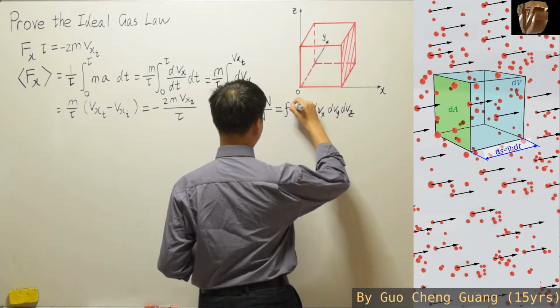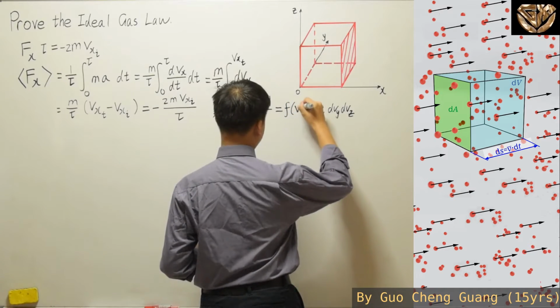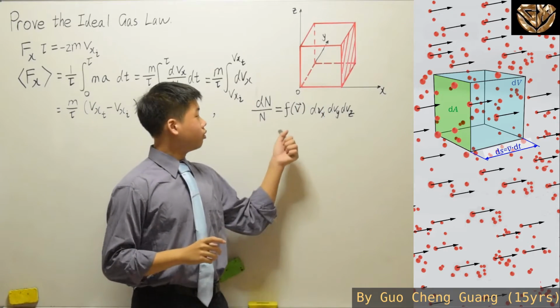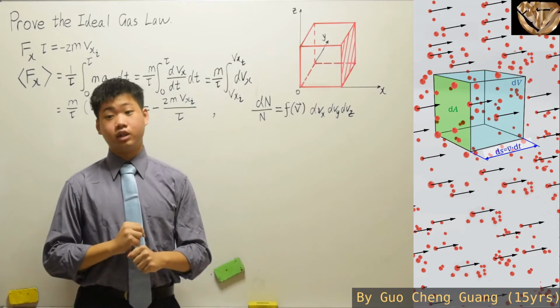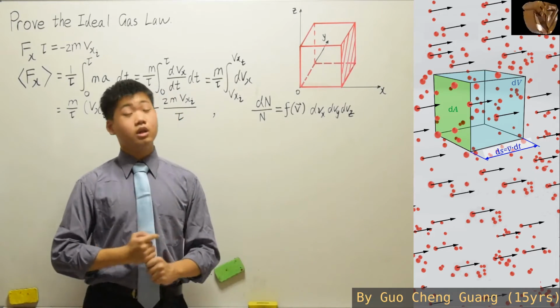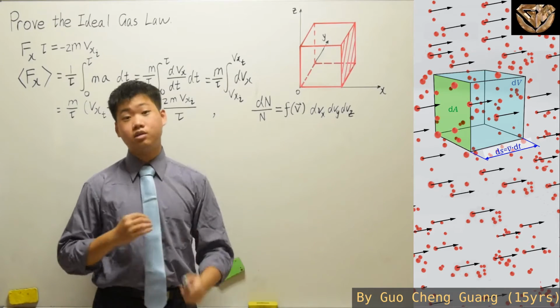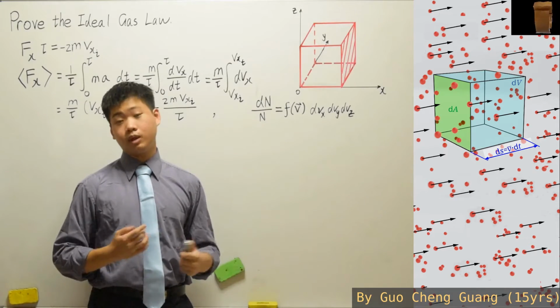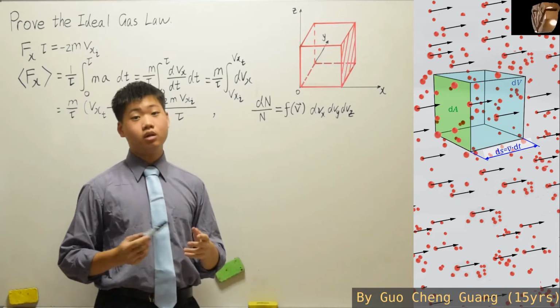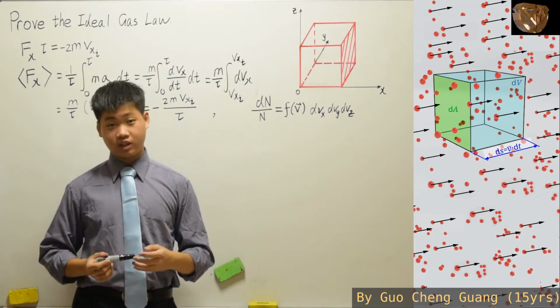Which is an f(v). Well, you could also write a v with a vector, up to you. So what is so special about this function over here? Well, this function is actually what we have in previous lessons. Now if you're curious how you find this function, where you get it from, you can go back to previous lessons to check it out, alright? So this is where we can use a probability density function.